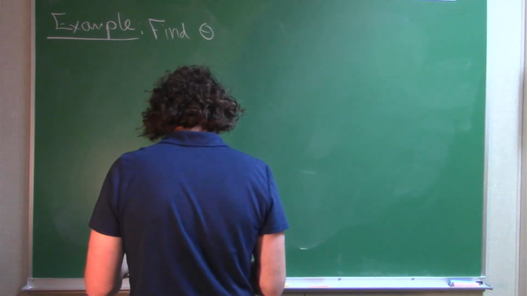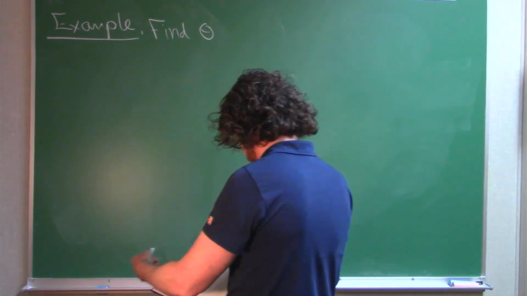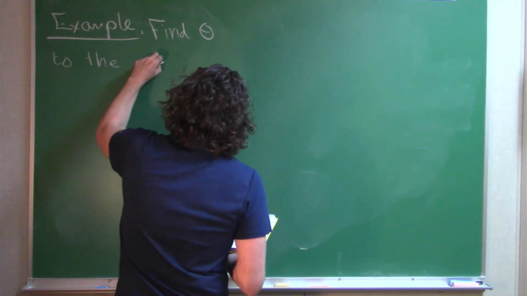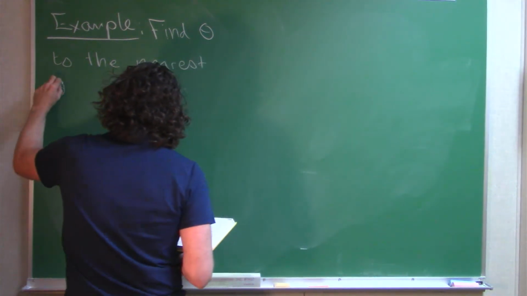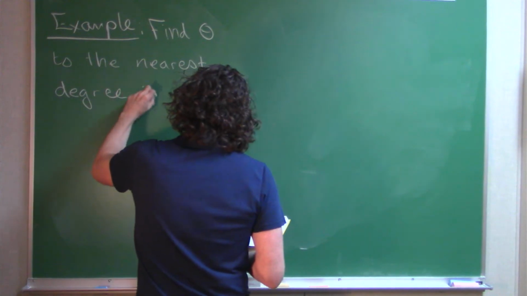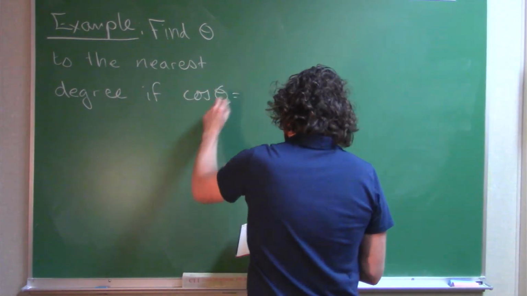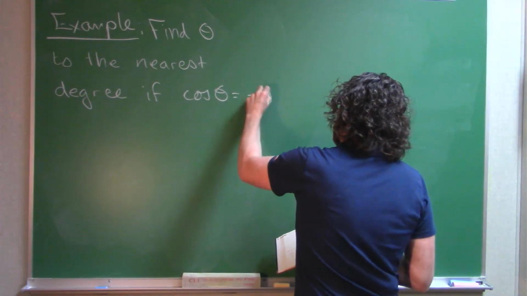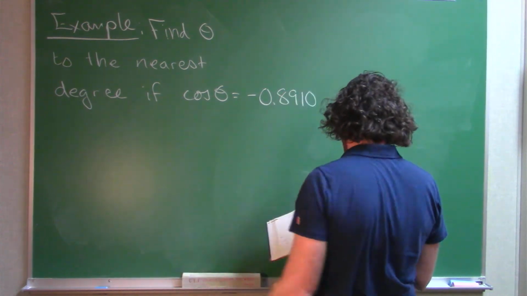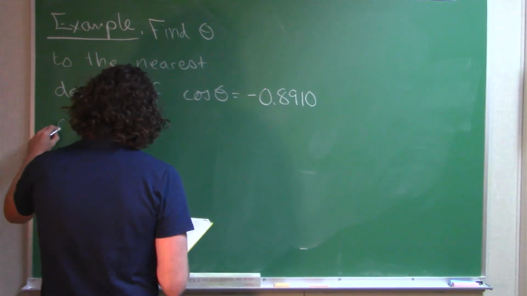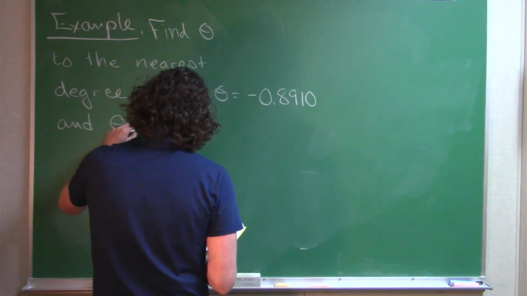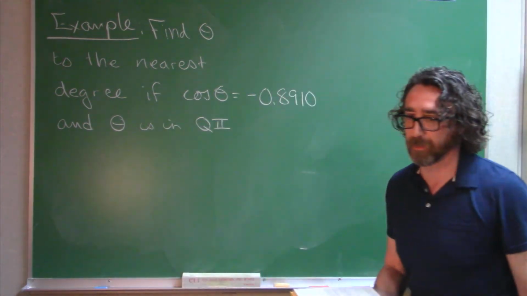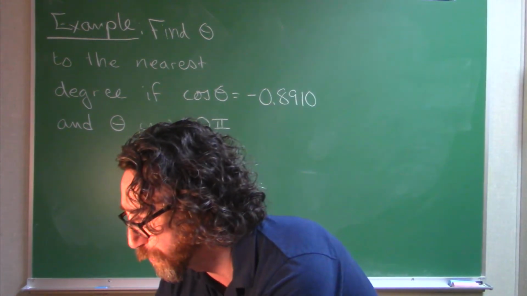Find the angle theta to the nearest degree if cosine theta is equal to negative 0.8910 and theta is in Q2. Okay, so we are dealing with a quadrant 2 angle.